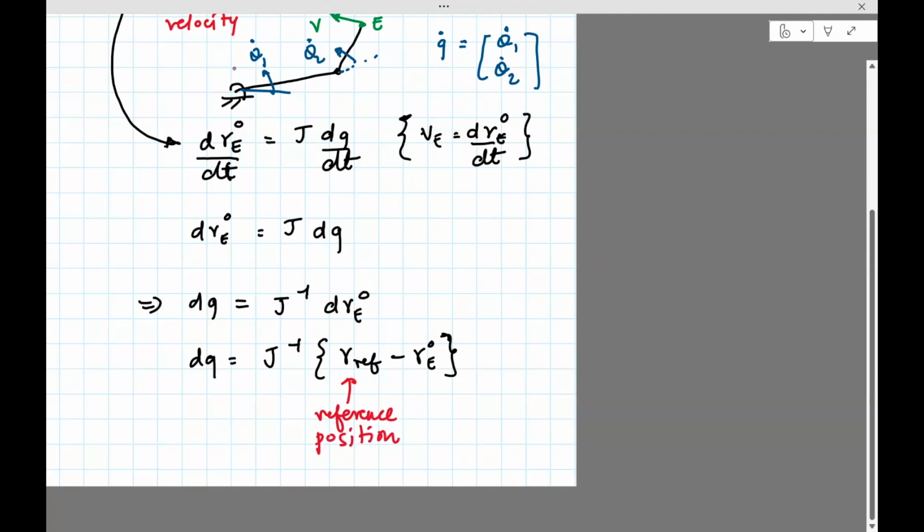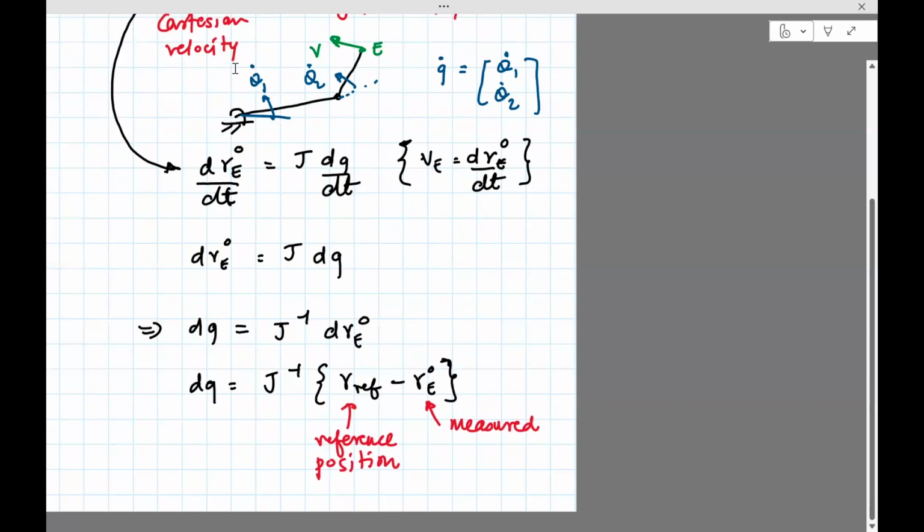So for example, if you're tracking a circle, you know what the reference is going to be. It's basically points on the circle. That is stored in RF. And then this is something which is measured. Assuming that you have a sensor, you can measure RE. Or what you could do is, if you know the joint angles, theta 1 and theta 2, you can use the forward kinematics to figure out what that position is. So either of those two will work.